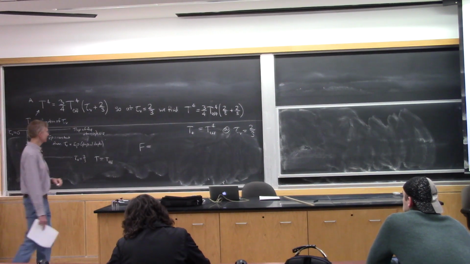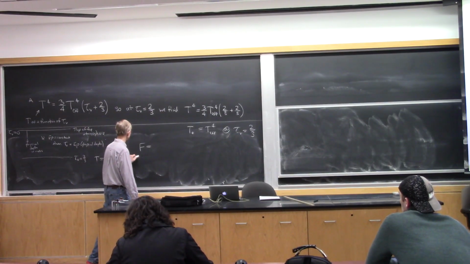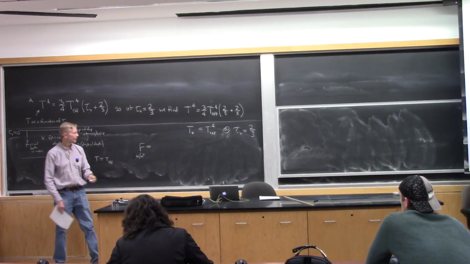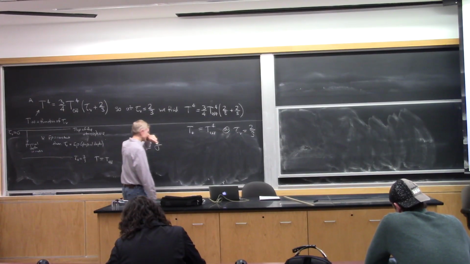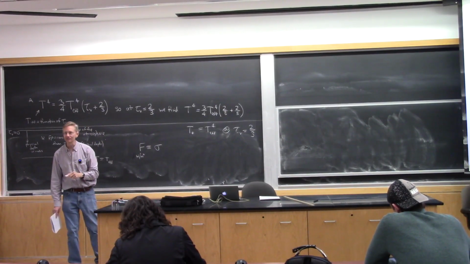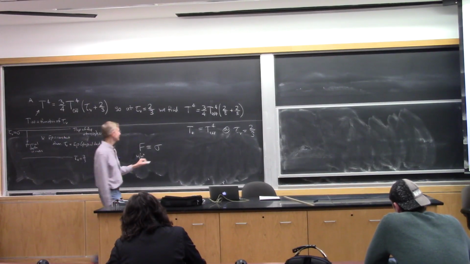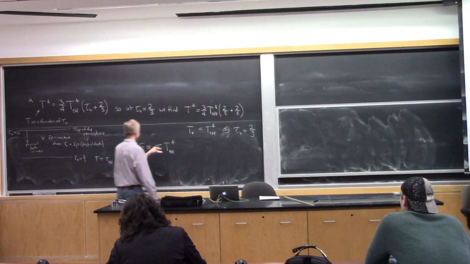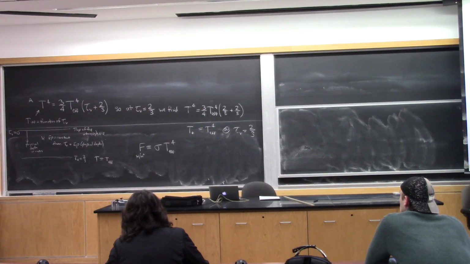The flux we receive, the watts per square meter that we receive from the surface of the star, is, by definition, sigma T_eff to the fourth. That's the definition of T_eff, the effective temperature.